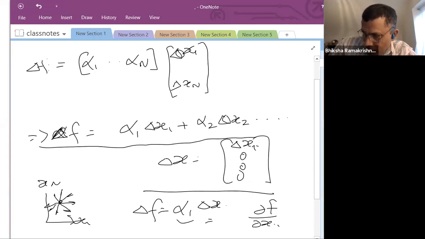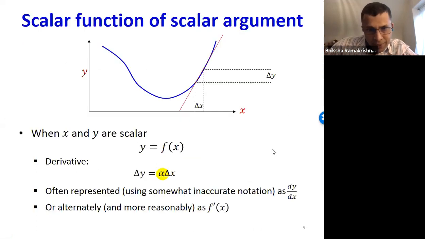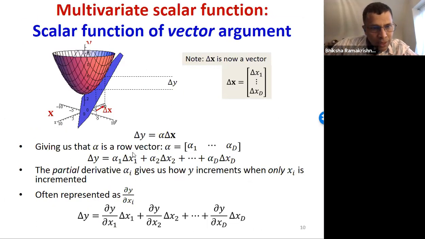It is the multiplicative factor which tells you how much f is going to change by when you take an incremental step only along that direction and do not change the other values. So this is basically the very definition of how we define our derivatives. Alpha is going to be a row vector, which gives you this solution.